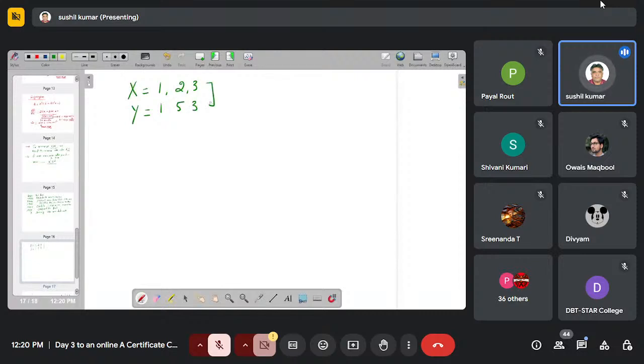This data set is for class 1. I will take x is equal to 5, 6, 7, and y is equal to 6, 7, 8, and this is for class 2. I have 2 classes here. So this is the data you already have.